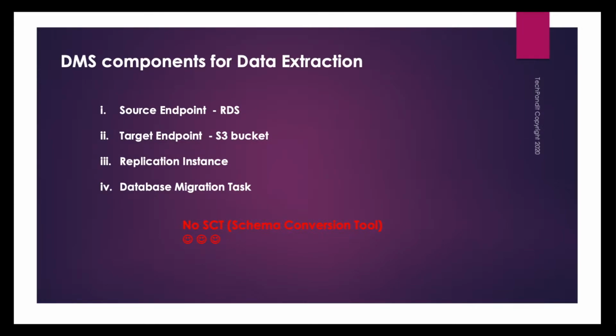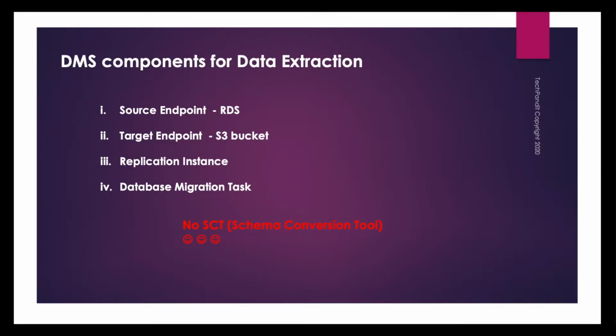So like the URL to access the database, the user ID, password, and the other details like which table we want to extract the data from, and many other details like schema details. So in a broader term, source endpoint is nothing but the source database here, and target endpoint is the S3 bucket, the S3 bucket name where the data would be stored.